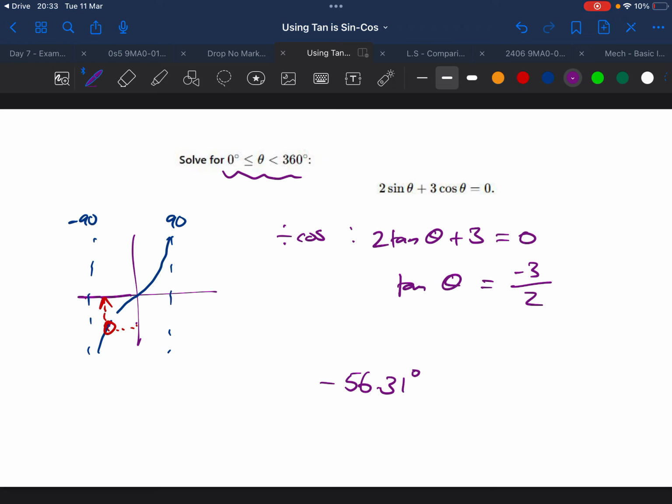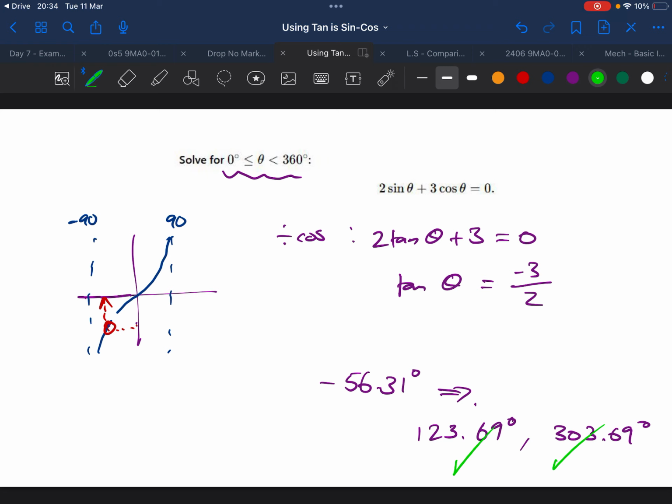So we need to be adding on 180 as many times as it takes to be comfortable that we've got all the solutions. So doing that, adding on 180 gives me 123.69 degrees and 303.69 degrees, and you could keep going to check, but that is going to do us for this part here.